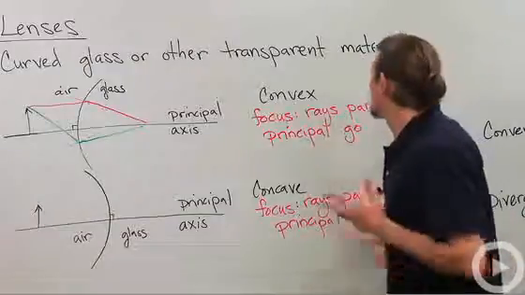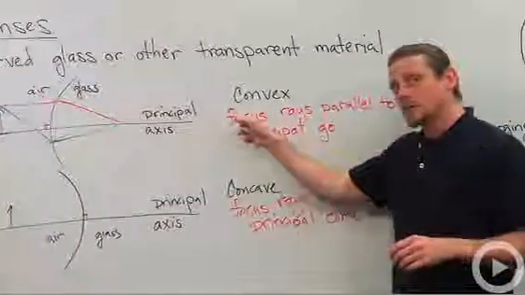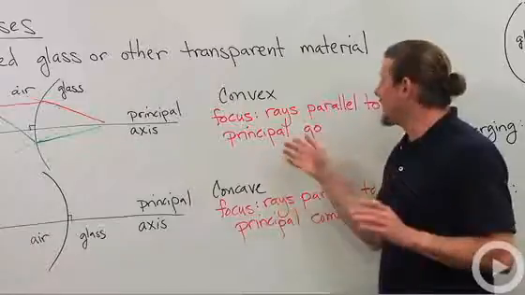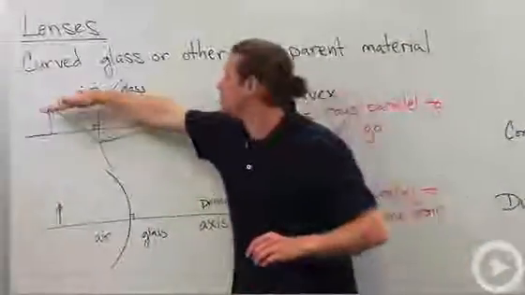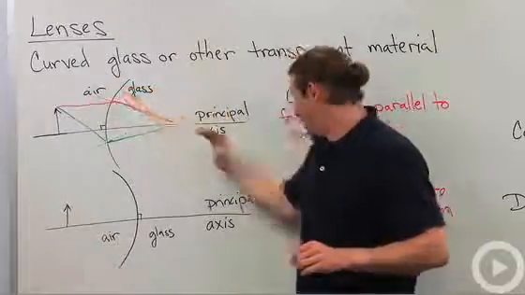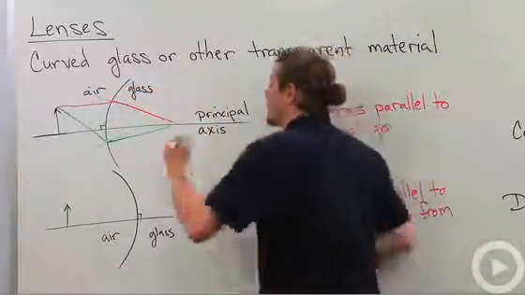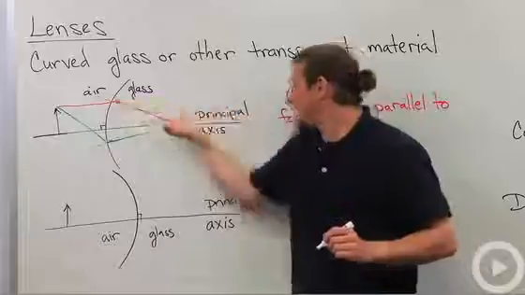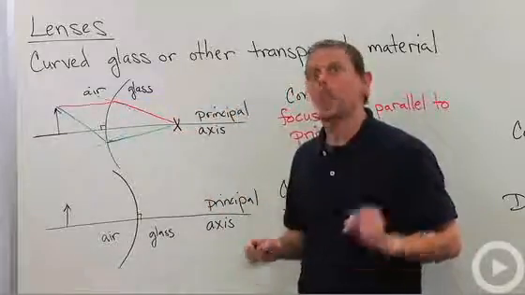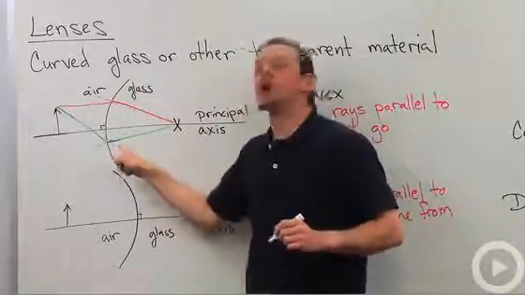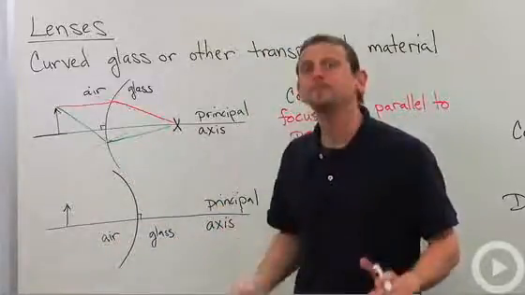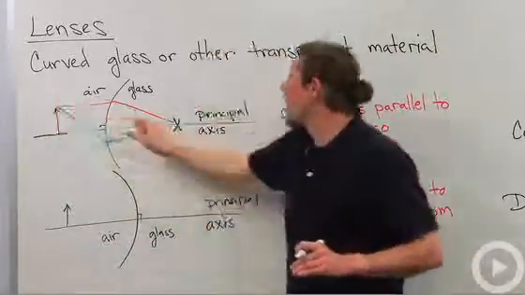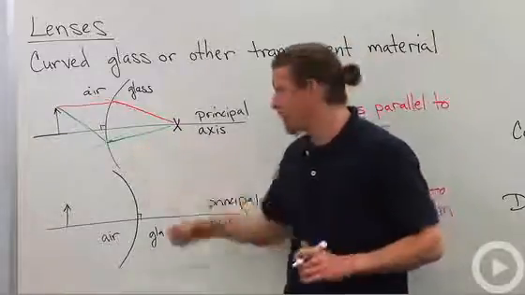The focus is the place where rays that come in parallel to the principal axis go. So this focus will be right over here, where this hits the principal axis. This is called converging. When I have convex glass, light rays converge after they go through.